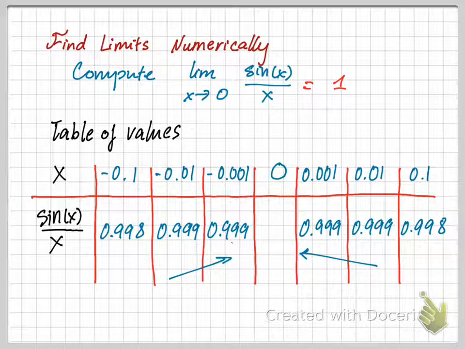From the left side, the function values approach 0.999, which is very close to 1. Similarly, from the right side, the function values approach 0.999, which is very close to 1. So the limit of sine x over x when x goes to 0 should be 1.